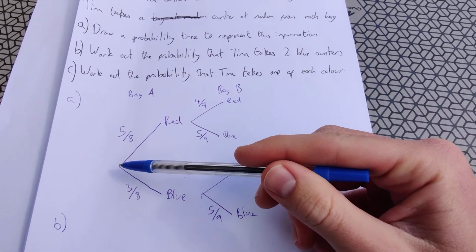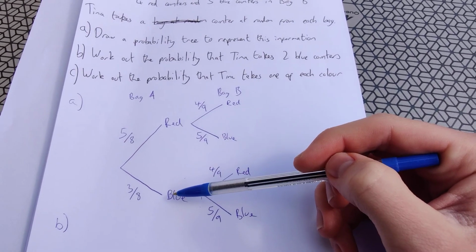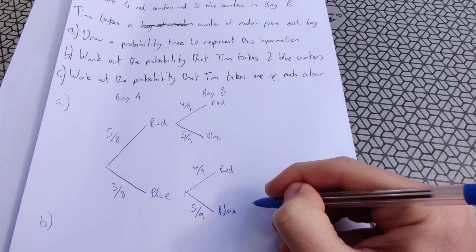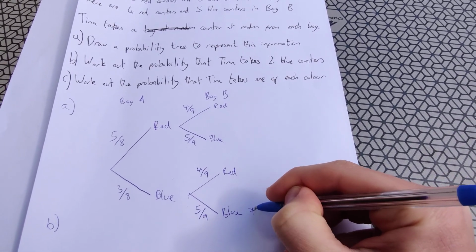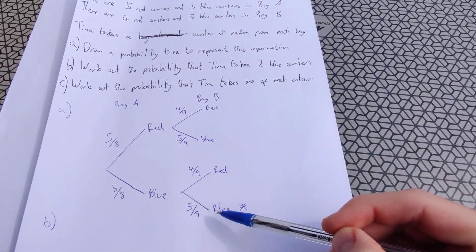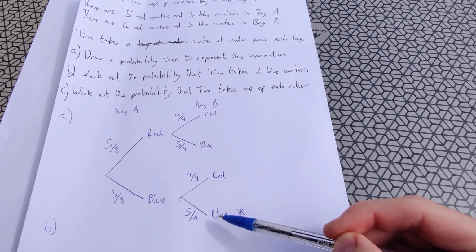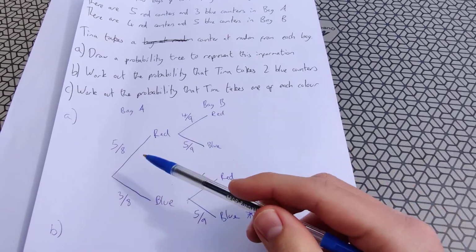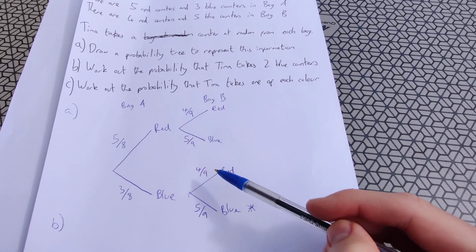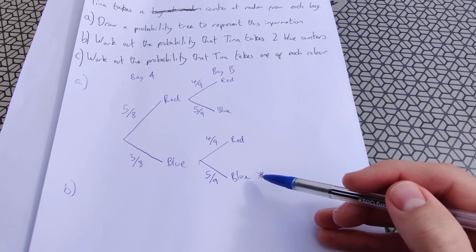Well, that means she's going to have to take blue from A and then blue from B. So the only part of the tree diagram I'm interested in is this combination of branches here. There's no other way she can get blue, blue. Her other options are red, red, red, blue, blue, red. None of those involve her taking 2 blue. So that's the only one I need to worry about.